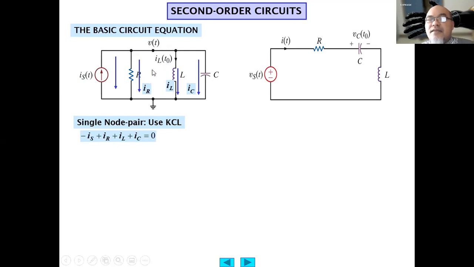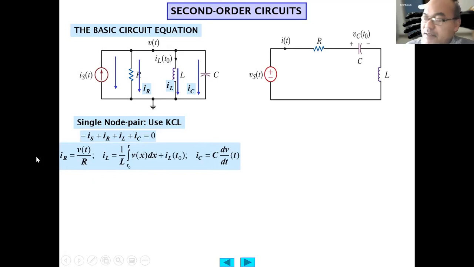Using KCL, with positive sign for current leaving the upper node, we can write the KCL equation: minus Is, negative because Is is entering the node, plus IR plus IL plus IC equals 0.